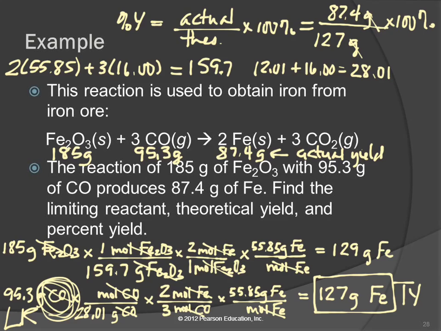The unit on a percentage is percent, nothing else. 87.4 divided by 127 and multiply that by 100. Both of our masses here had 3 sig figs, so we're going to express our percentages as 68.8%. That's our percent yield. Any questions?